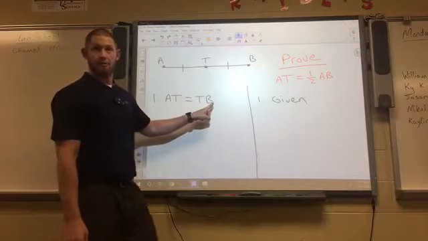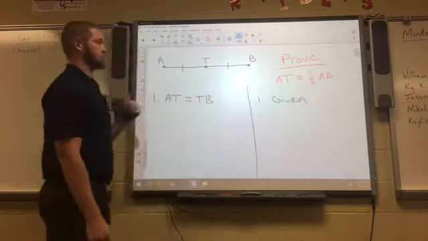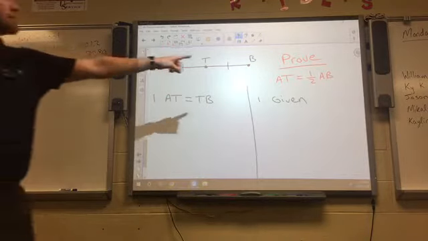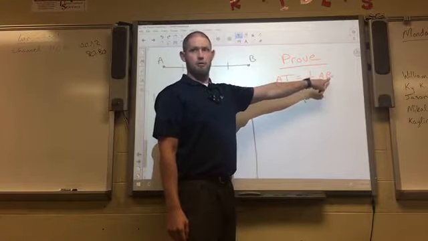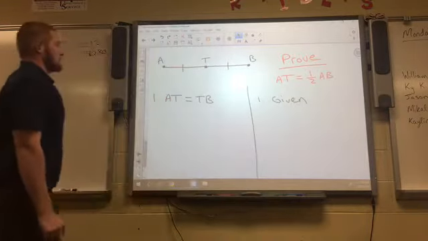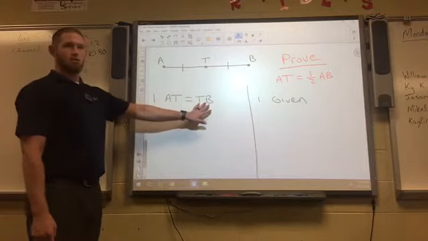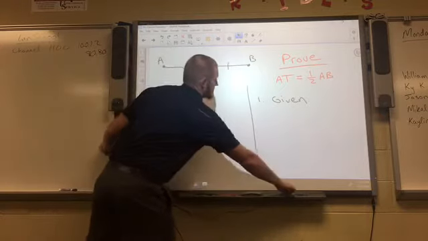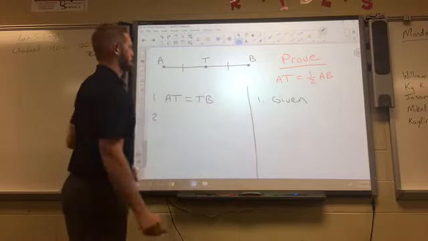That's bad because I don't have TB over here, right? Okay, so I either have to change it or add in AB, because I need AB in my problem somehow, correct? Okay. So looking at this, I don't see any way where right away I can change what TB is. Okay. So we're just going to go here to step number 2, and let's just try to add in AB.